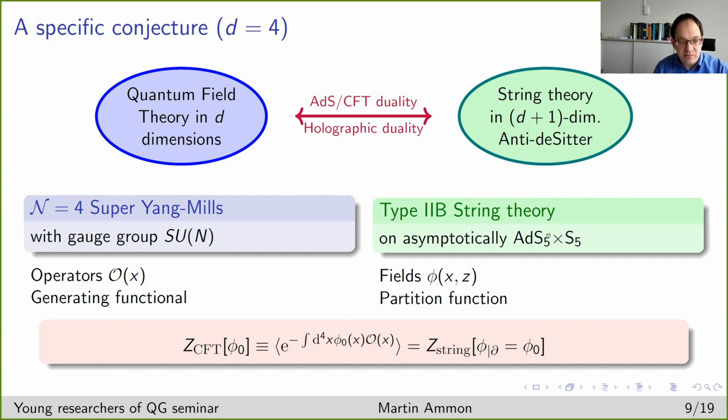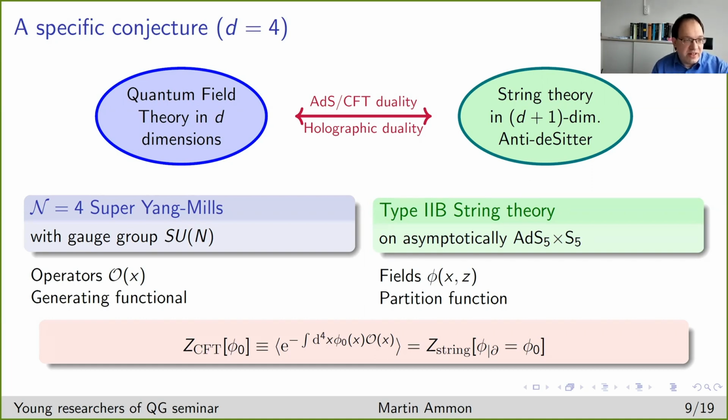So this is more precisely AdS5 times S5. S5 is a 5-sphere, and AdS5 is this negatively curved anti-de Sitter spacetime. And moreover, it is not string theory just in anti-de Sitter spacetime, but the anti-de Sitter spacetime can be, of course, deformed. So it's only asymptotically anti-de Sitter spacetime.